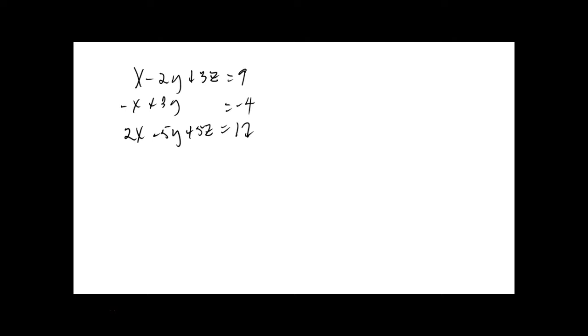Here's another system of linear equations. First equation looks exactly the same. x minus 2y plus 3z is equal to 9. Okay? Second equation doesn't look quite the same. It's y plus 3z is equal to 5.